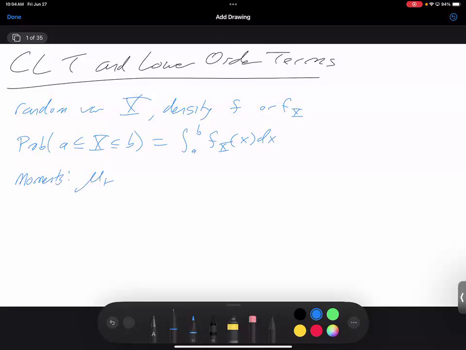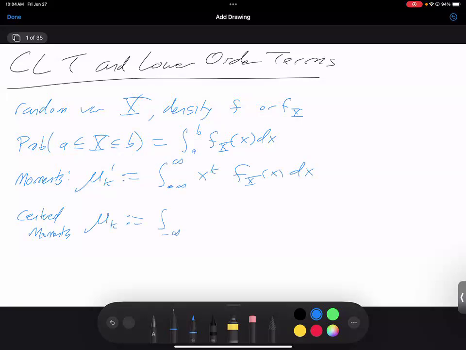And so we'll say the kth moment is the integral from minus infinity to infinity of x to the k times the density. And then the centered moments would be without the prime, and I'll do a colon equals because these are definitions.